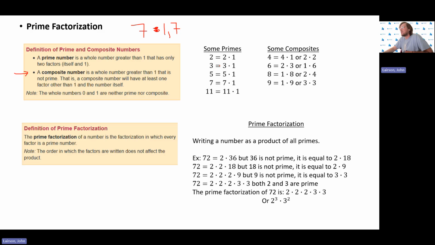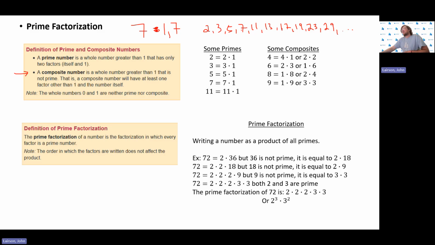So I'll write out a bunch: 2, 3, 5, 7, 11, 13, 17, 19, 23, 29. And they go on forever. There's an infinite amount of them. We don't go too big with our numbers, so this should be enough.